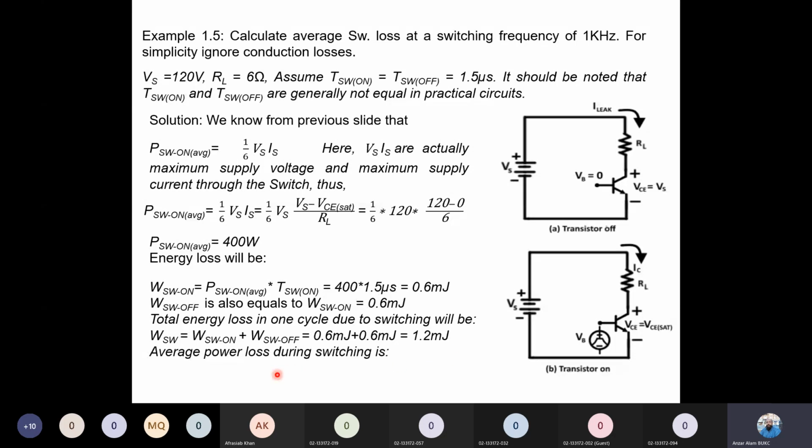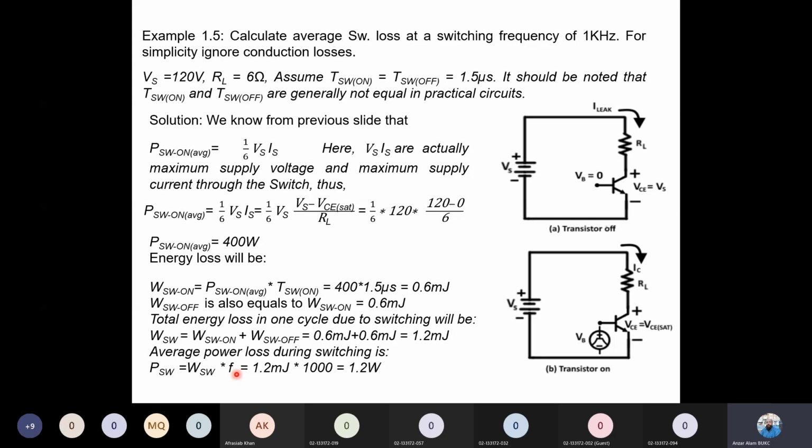Average power loss during switching. How will we find the average power loss? This is operating at a frequency of 1 kilohertz, so obviously you have to include the frequency. So switching loss is equal to energy loss multiplied by frequency: 1.2 millijoules times the frequency.